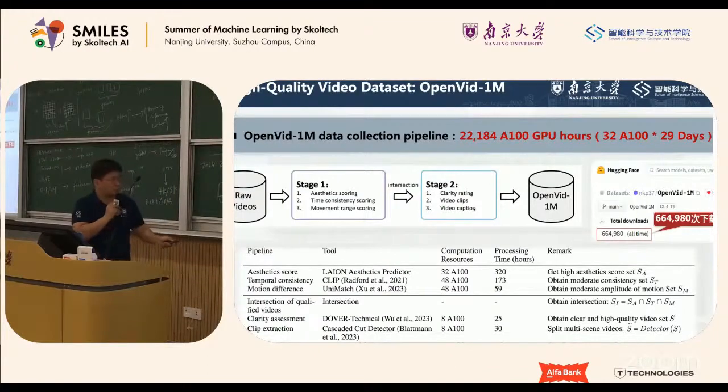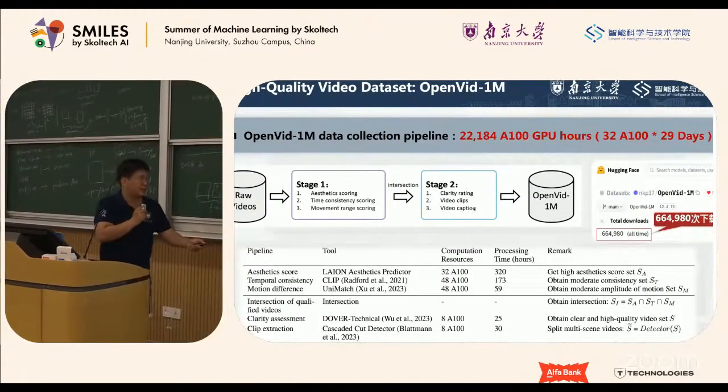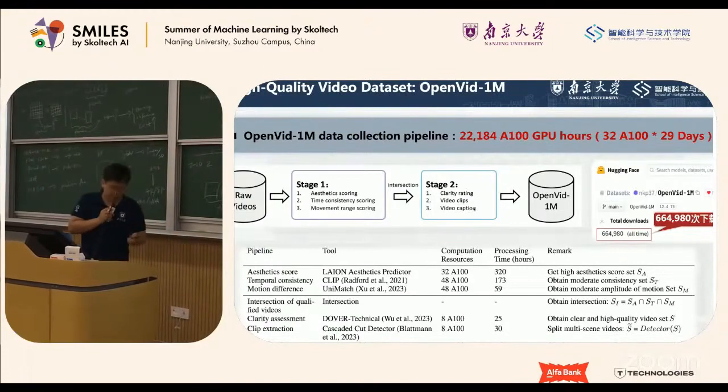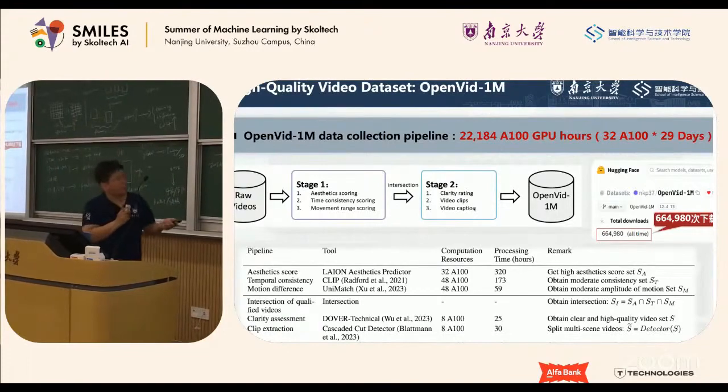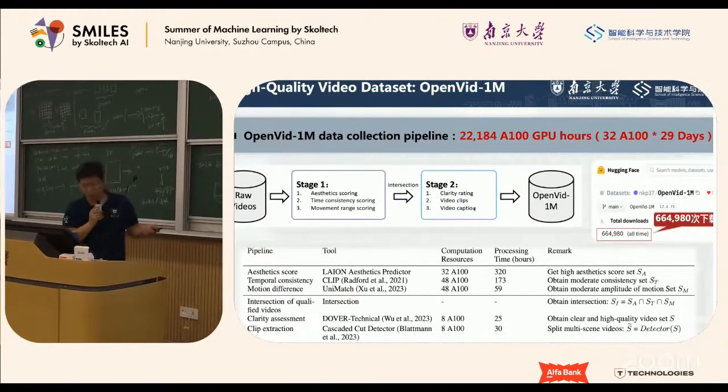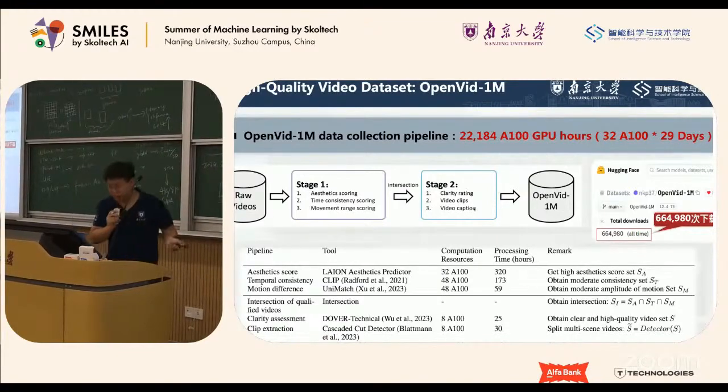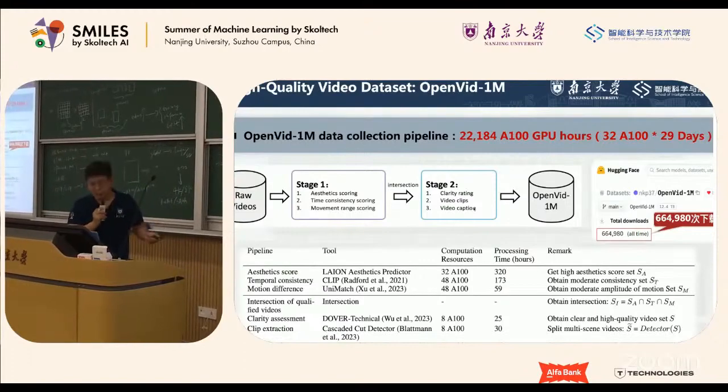So here are the more detailed pipeline, the tools, the computation resources, the processing times, and some other details. The complete pipeline required 22K A100 GPU hours, showing that large-scale video curation requires substantial systematic computation. Actually, OpenVid-1M is the first data work in our group.